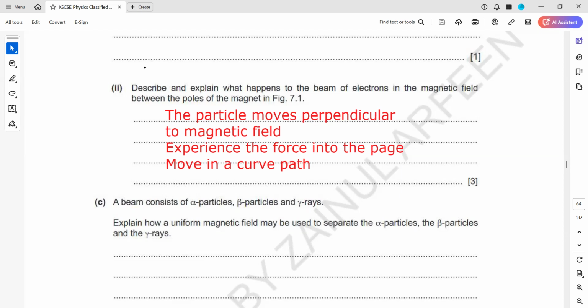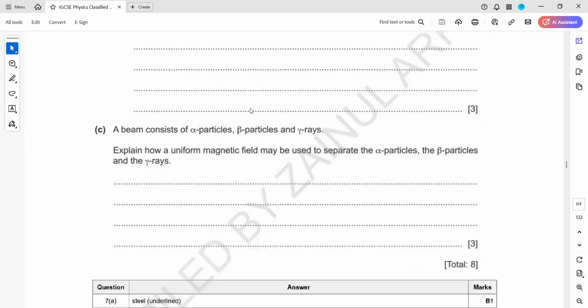There is a source. A beam consists of alpha, beta, and gamma radiations. So we have alpha, beta, and gamma. Explain how a uniform magnetic field may be used to separate alpha, beta, and gamma.